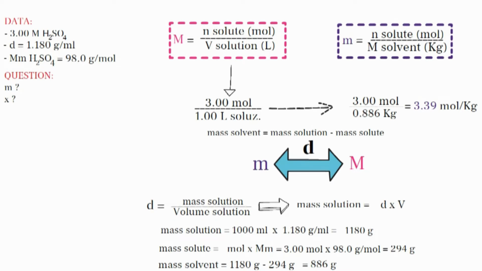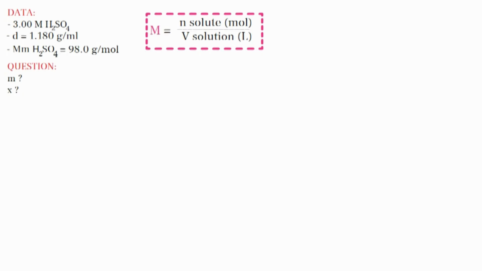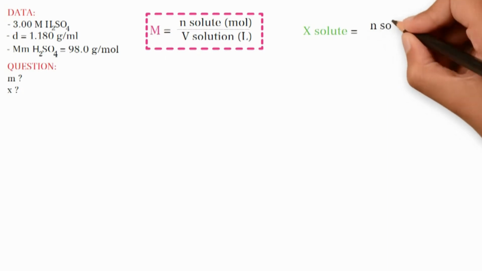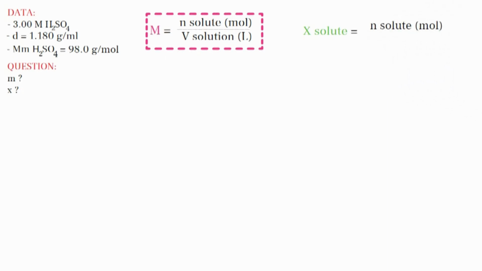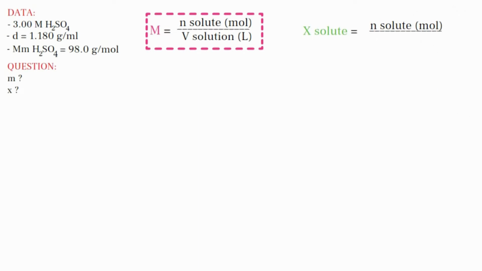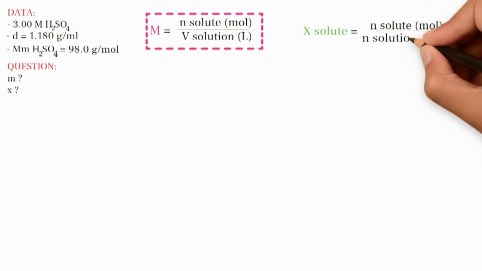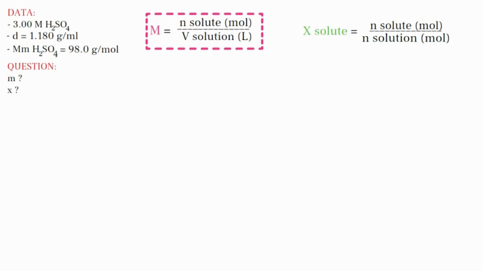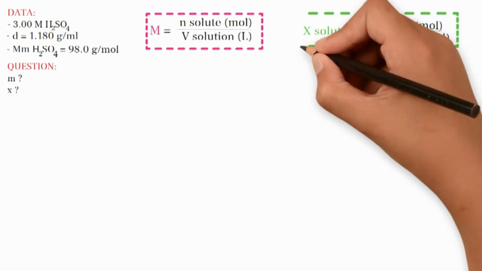Now we need to calculate the mole fraction. So how do we do that? Let's remember what the mole fraction is. Mole fraction is the moles of solute divided by the moles of solution, if we are considering the mole fraction of solute. So this is our definition.